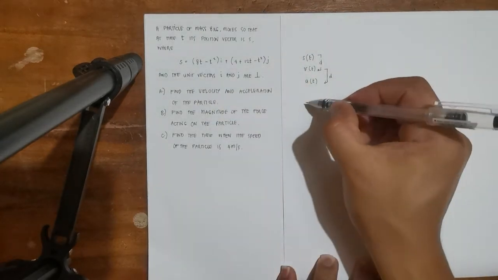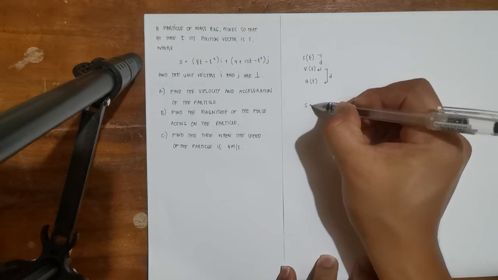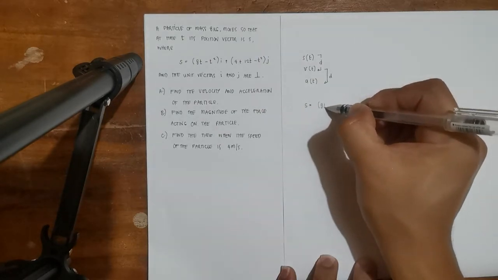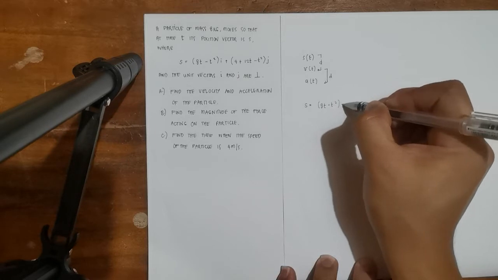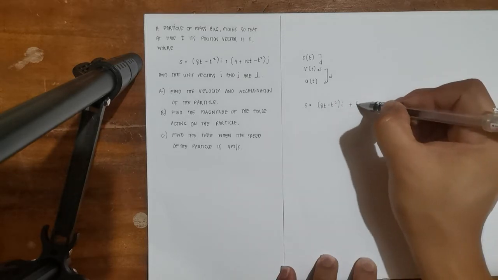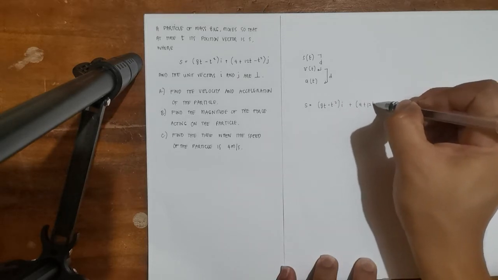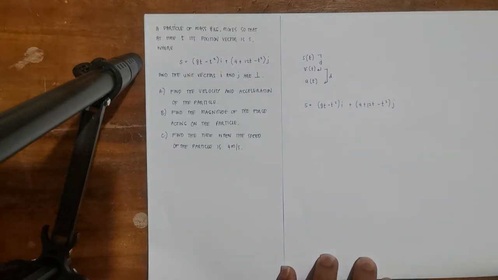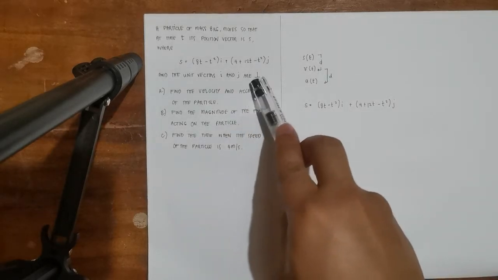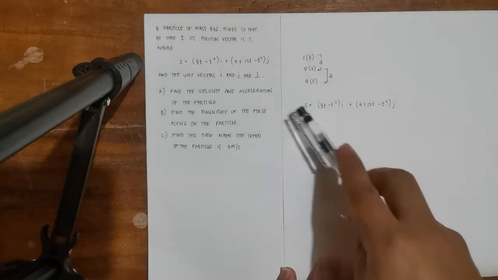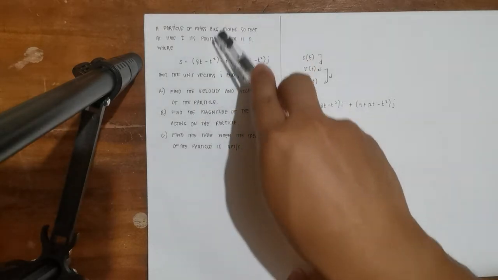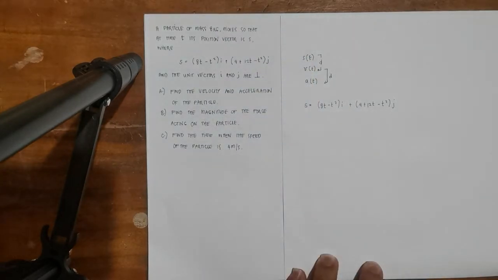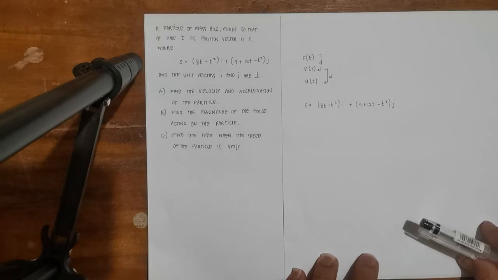So we have here given s equivalent to (8t minus t squared) i plus (4 plus 12t minus t squared) j. So, two-dimensional lang po tayo dito. I and j are perpendicular. So, it could be i is our x-axis and j is our y-axis. Either way. Okay.